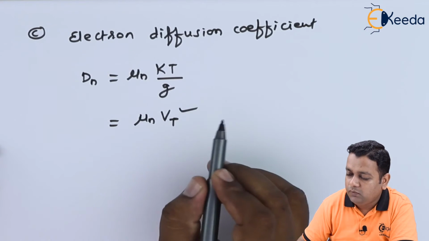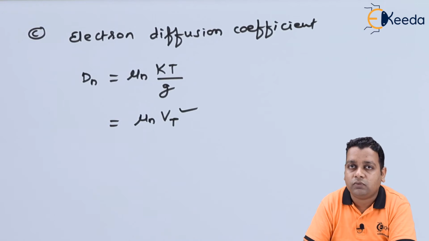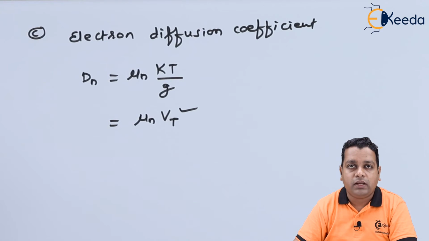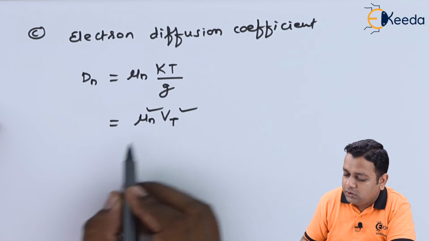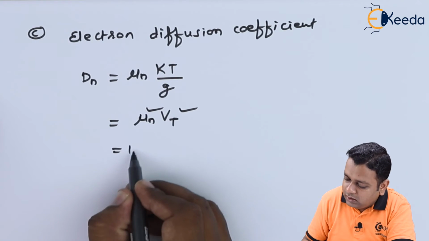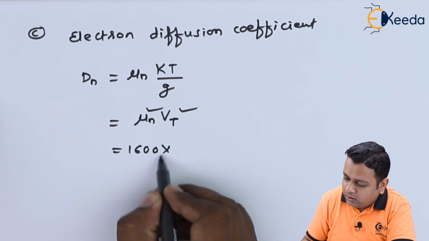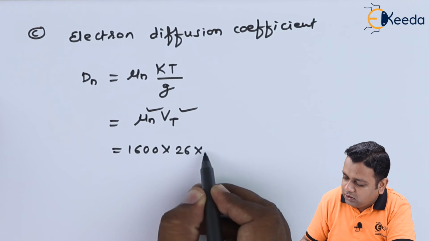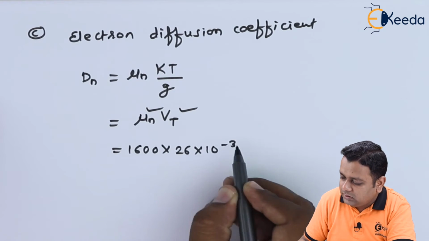Now V suffix T we have already utilized in the calculation of the answer for part A. Mu suffix n we require, so it is the mobility value, and for the given configuration we have the constant value. That value we can substitute here. So we have it as 1600 multiplied by the Vt value, that is 26 into 10 raised to power minus 3.